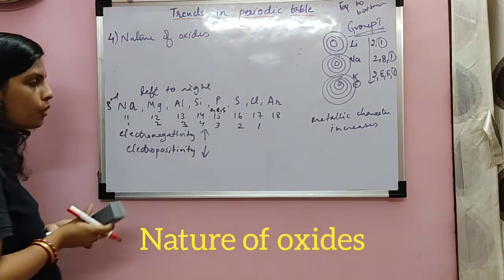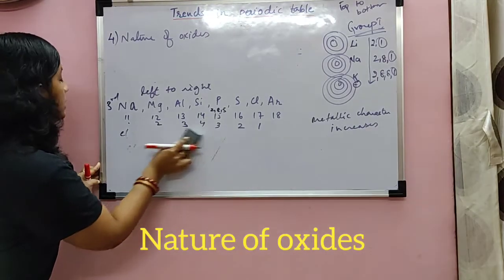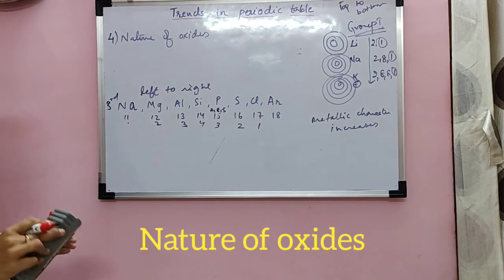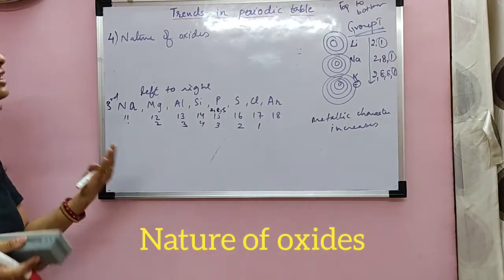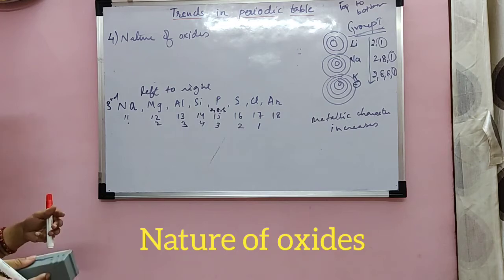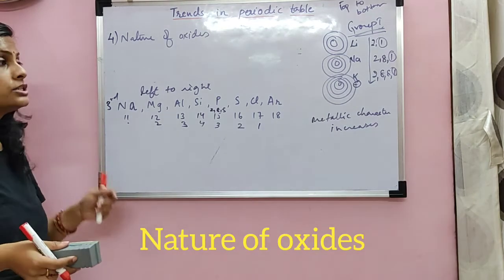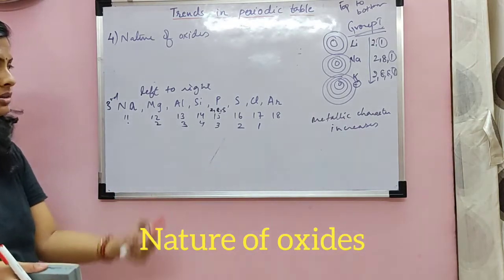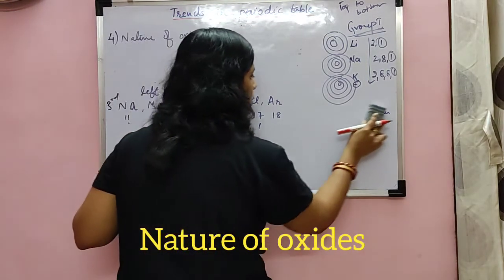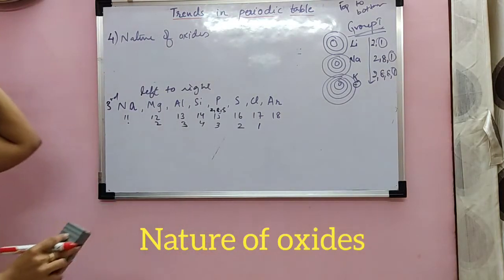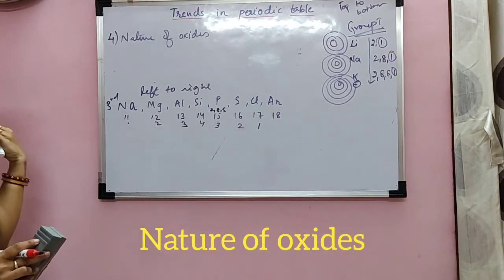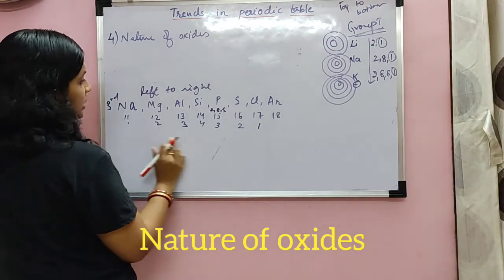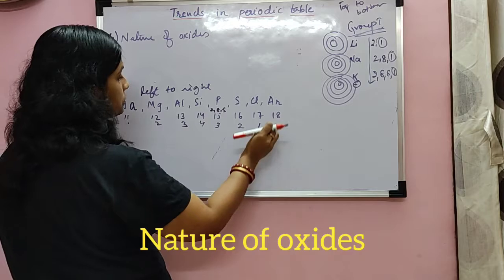So as we know, metallic oxides are of what nature, and non-metallic oxides are of what nature? As we know, non-metallic oxides are acidic oxides and metallic oxides are basic oxides. So what happens to the oxides when we move from left to right in a period? You can see that when we are moving from left to right in a period, metals are converted into non-metals.